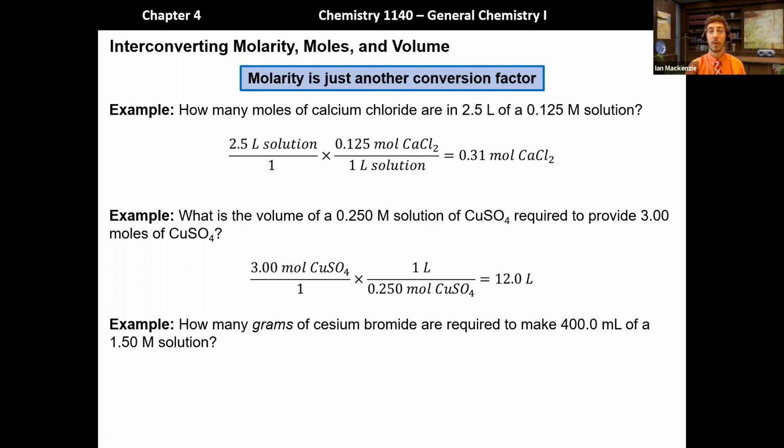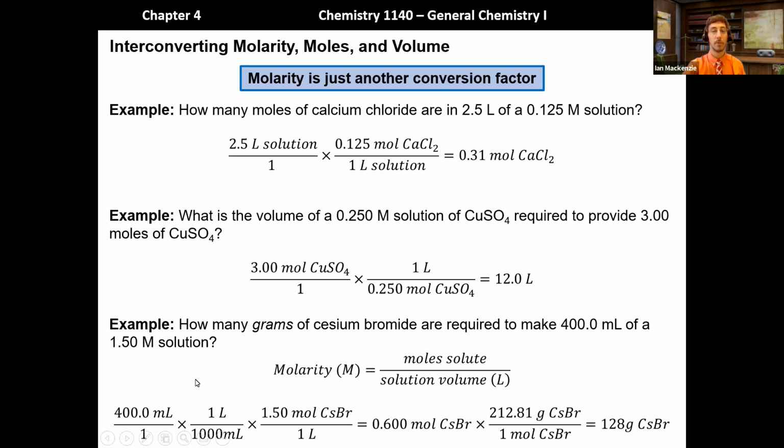Lastly, how many grams of cesium bromide are required to make 400 milliliters of a 1.50 molar solution? Well, molarity again, moles per liter. So 400 milliliters, I first convert that to liters. Then I use my molarity here to cancel out the liters and convert this to moles.